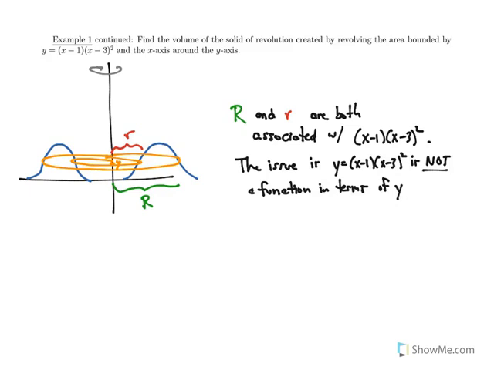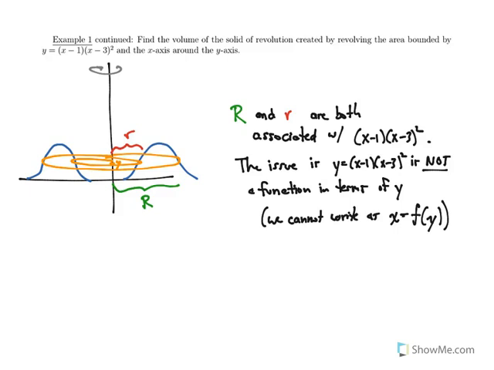So you cannot write this as x equals some function in terms of y. And that makes it an issue with doing the disk method. There is a way that you could get around that, but it's a much more difficult process as opposed to doing the shell method, which was quick and easy.